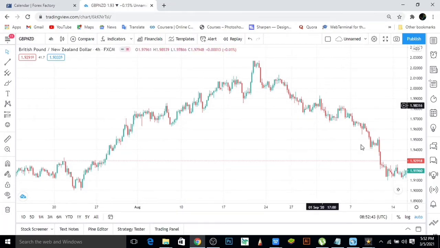And what is a moving average, basically? It tells you the direction of the market. How does it determine that?